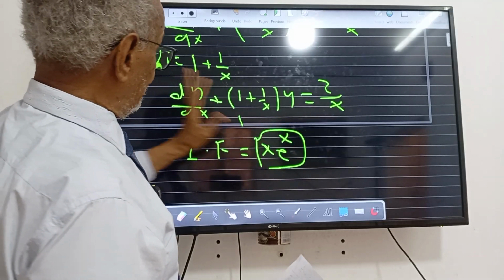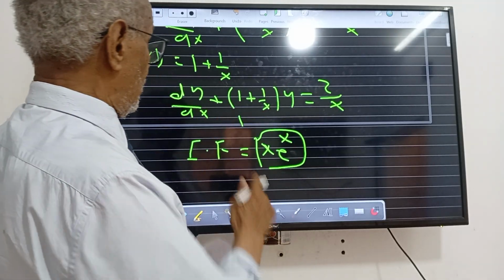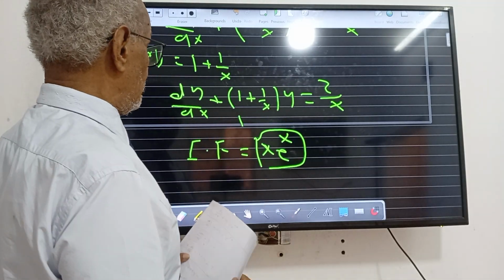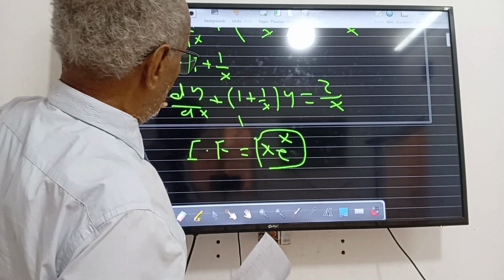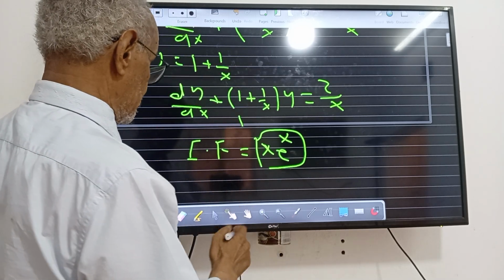Now we have to multiply this integrating factor with all terms of the differential equation.